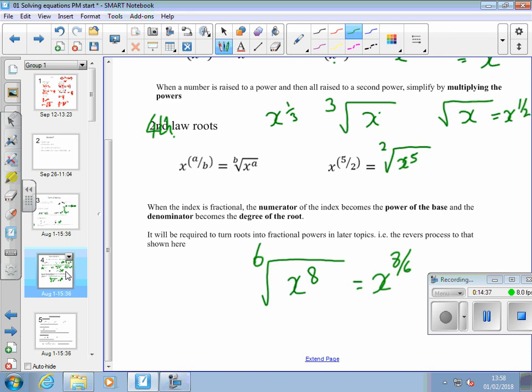You could write it as x to the 2.5, but it's more normal to keep it as a fraction. Yeah, it's more normal to leave it as a fraction. I mean, we can simplify this 8 over 6, can't we? To 4 over 3.